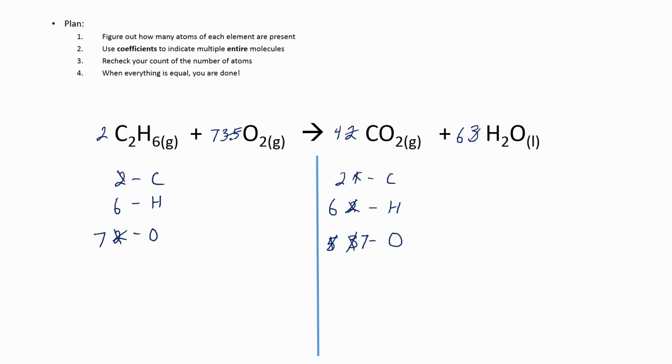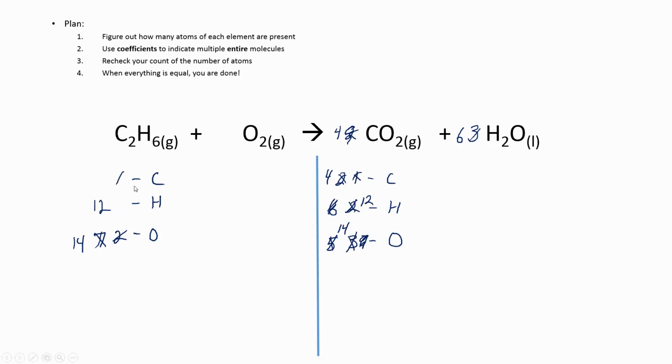So at that point I have 4 carbons, 12 hydrogens, and 14 oxygens. Here I have 8 carbons. No, I'm sorry. 4 carbons. I have 6 times 2 are 12 hydrogens. And 6 plus 8, I have 14 oxygens. It's balanced.